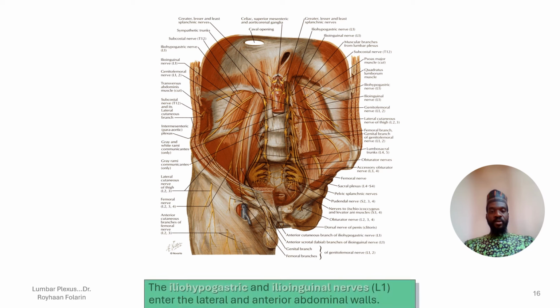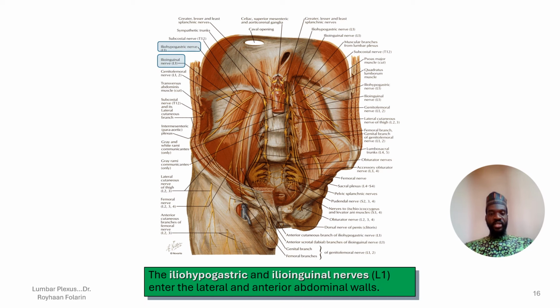Okay, so the iliohypogastric and ilioinguinal nerves arise from the lateral side of the psoas major muscle.